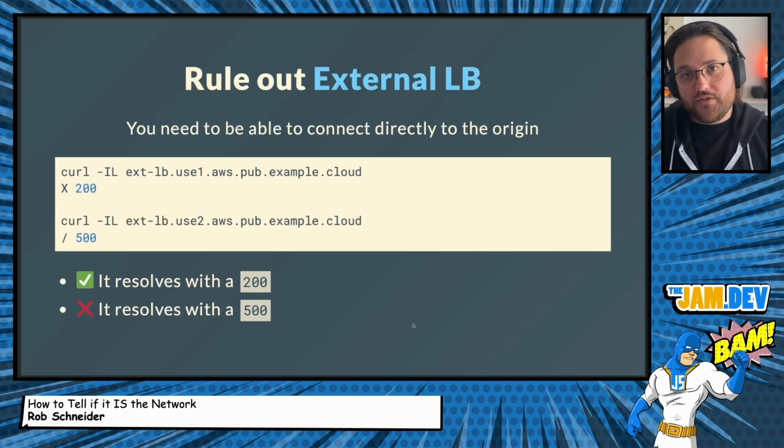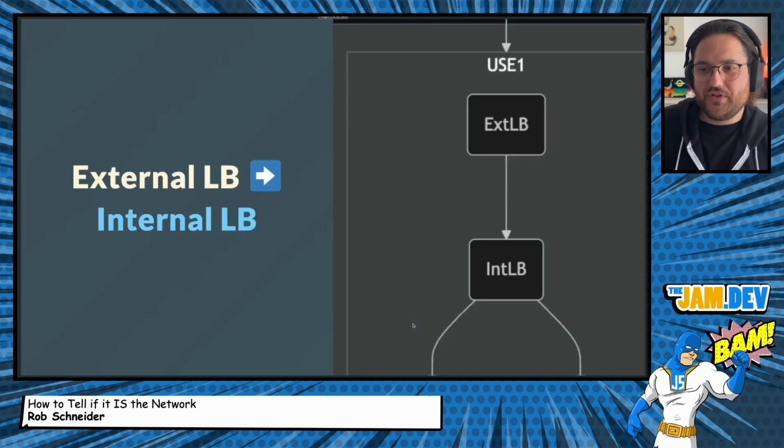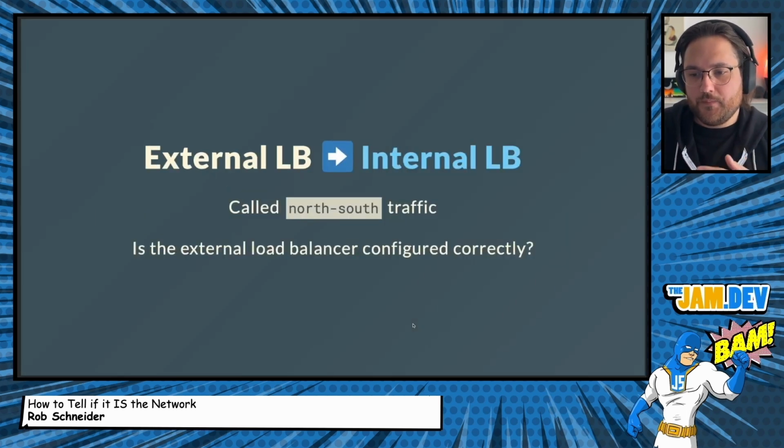So actually onto AWS infrastructure or Google Cloud infrastructure is your external to internal load balancer setup, right? So this is from your load balancer that sits on the edge of your infrastructure, communicating with the load balancer that sits actually in your infrastructure. We call this sort of traffic that's occurring here north-south. And really you just want to make sure, is everything configured correctly if you're having an issue at this level.